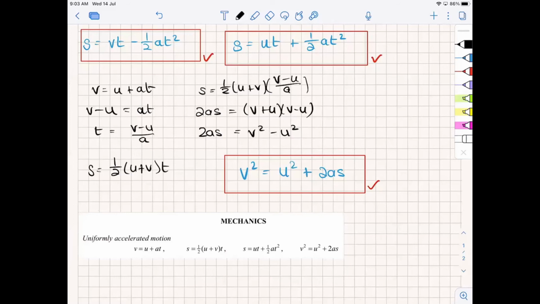There we go. So you're not given this one here, displacement equal to vt minus a half at squared. But hopefully, because we've seen how to derive these formulas, you can derive it very quickly for yourself if needed, or just remember it. They're very similar, the two.